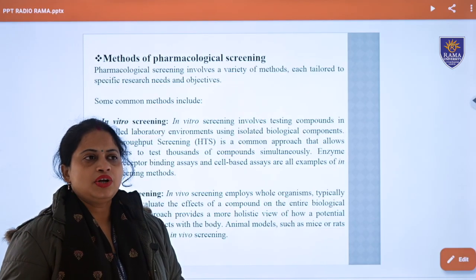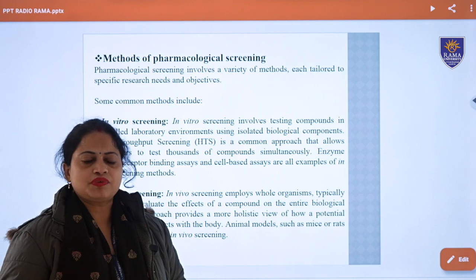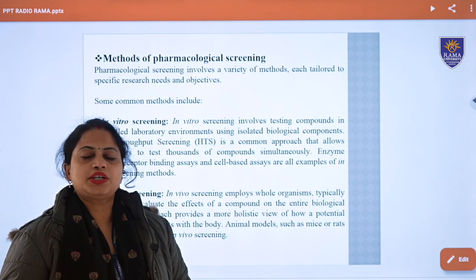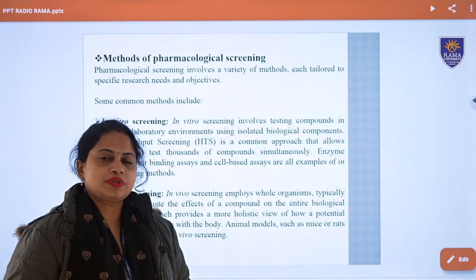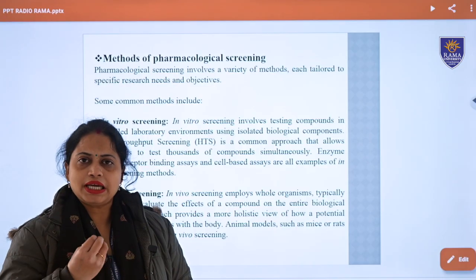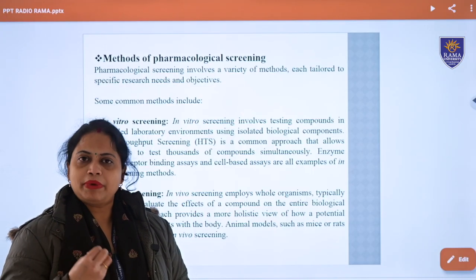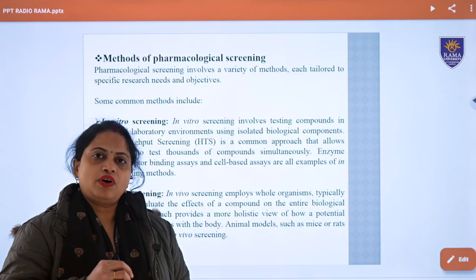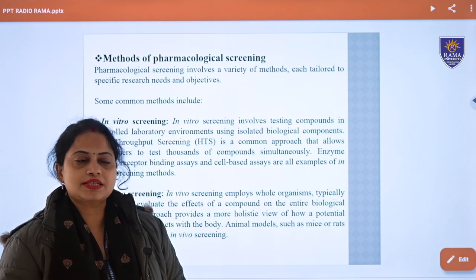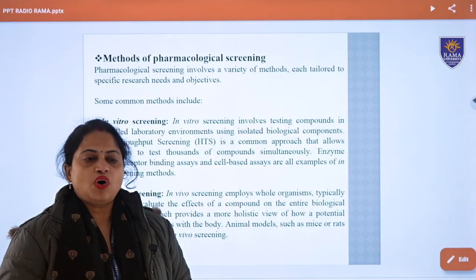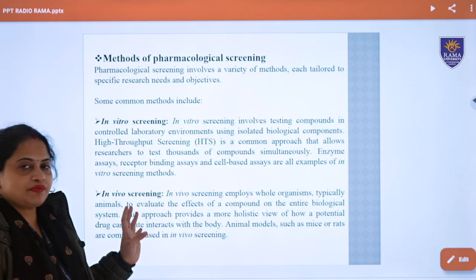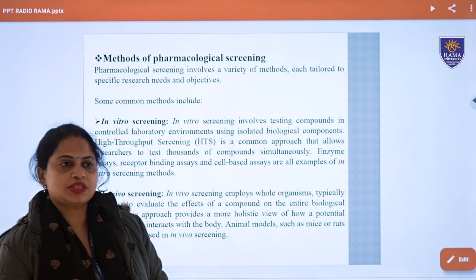Suppose one chemical compound is developed for oral cancer, we use OSCC cell lines, oral squamous cell carcinoma cells. Through these cells, we can identify the absorption profile of the drug, the mechanism of the drugs at the cellular molecular level, as well as the toxicity of the compounds, whether the drug is toxic to the cells or to other biochemical parameters also. In in vivo models, we are using different animals.